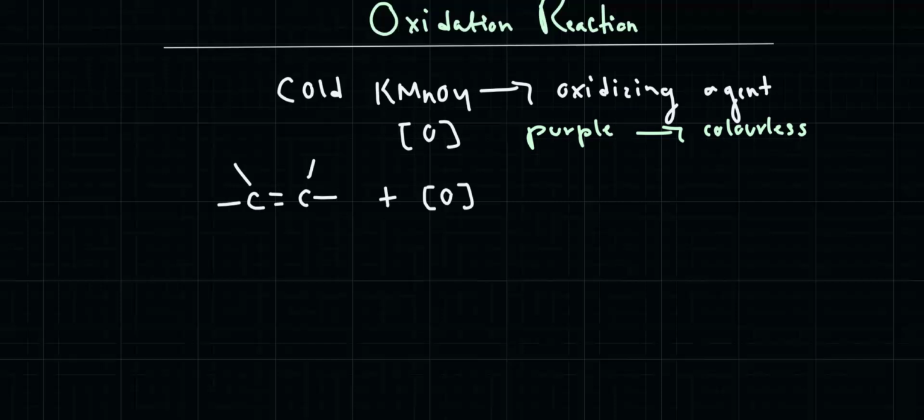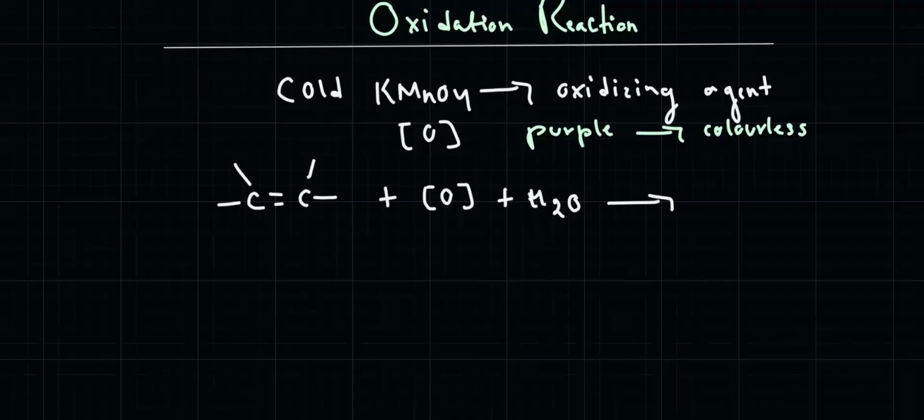When I'm adding cold permanganate, I also have to add a little bit of water on my reactant side, because the permanganate is not going to yield the chemical reagent. This is an agent that's going to work for someone, and that someone cannot be only one element. I mean, think about it. If you add permanganate cold, you have to add water. So water is what's going to provide H plus and OH minus.